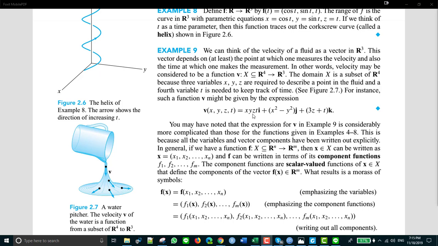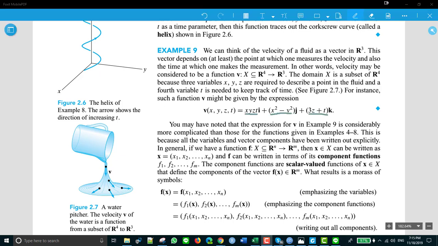So what we mean is there's a component for the I, for the J, and for the K. This is a function to R3, so we have three what we could call component functions. So here we have these three component functions.